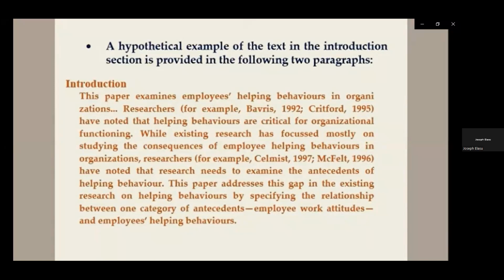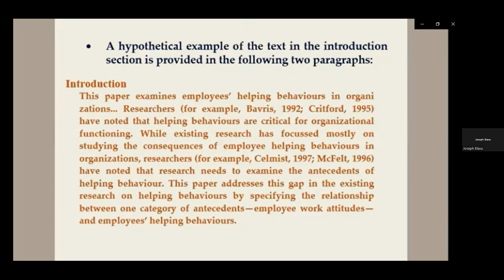This hypothetical example goes as follows: this paper examines employees' helping behaviors in organizations. Researchers, for example, Bavris 1992, Clifford 1995, have noted that helping behaviors are critical for organizational function.